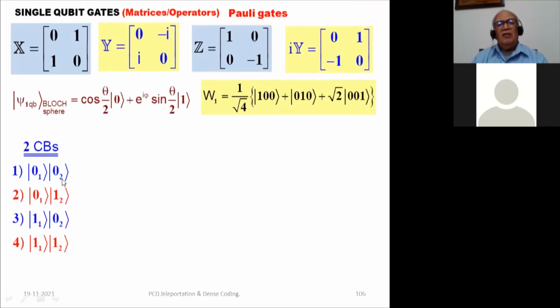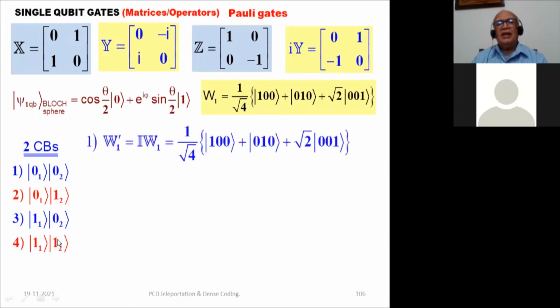So these are the 4 possibilities, and depending on what she has, she performs either the identity, in which case the original W state remains invariant. It remains |100> + |010> + √2|001>. This is the choice that we made initially for the initial 3 qubit entangled state.